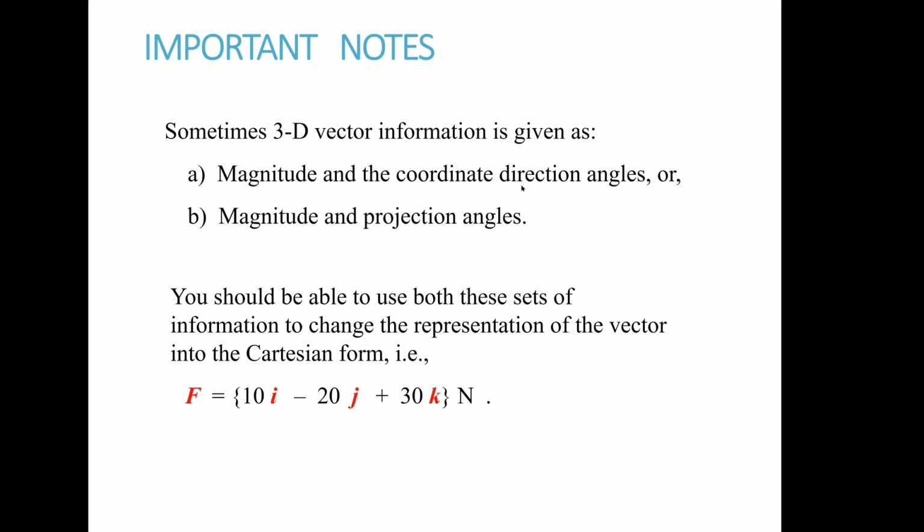So what we'll see in these problems is that you're going to have magnitude and coordinate direction angles, or we also will see problems with magnitude and projection angles, meaning the angles along a certain plane, where that will be given. Okay, so we'll take a look at an example and see that.